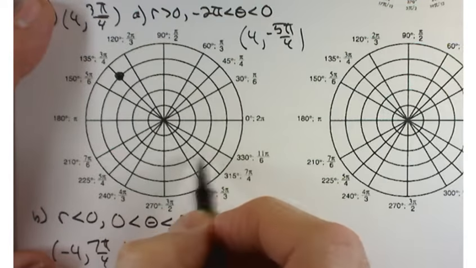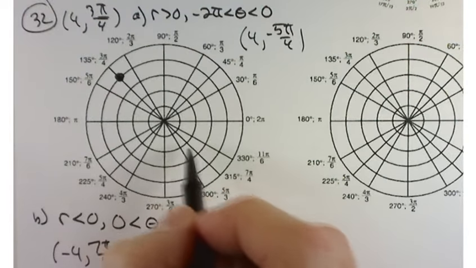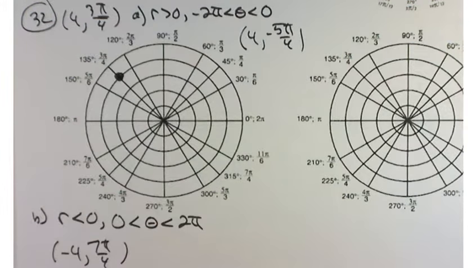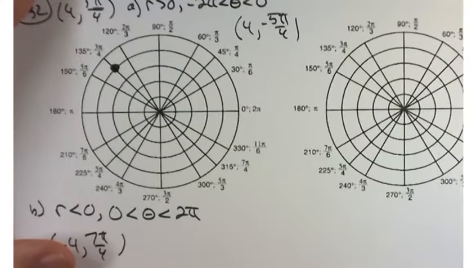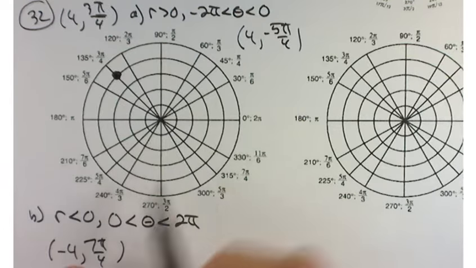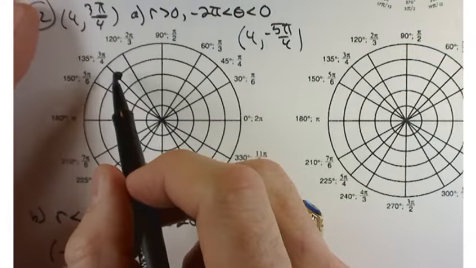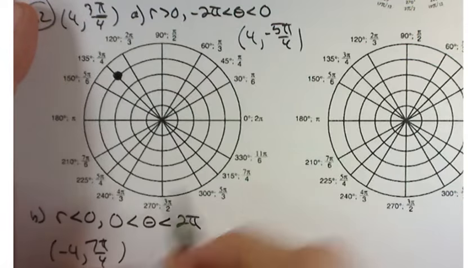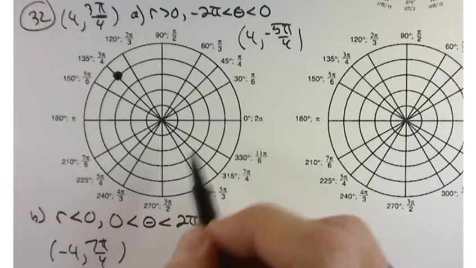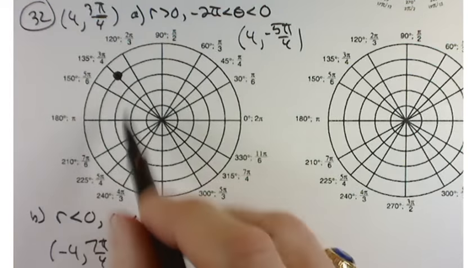So we go around to 7 pi over 4, 1, 2, 3, 4. Oh, but wait a minute, we've got a negative radius, so that puts us back here. So if I want to land here when it's all said and done, then with a negative radius, my angle has to put me out here.